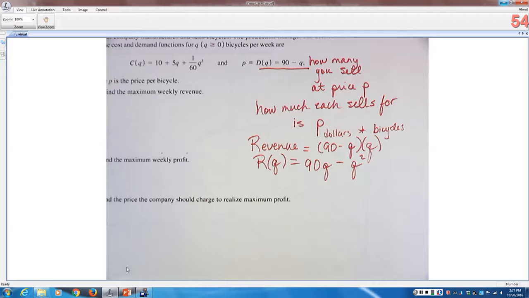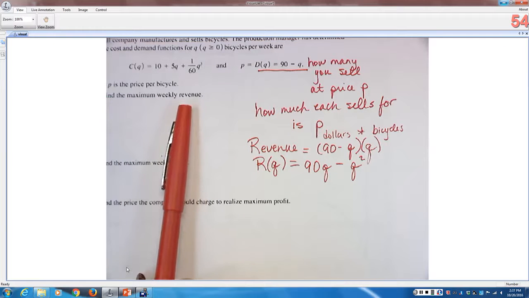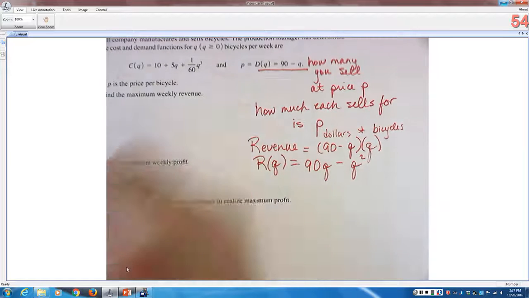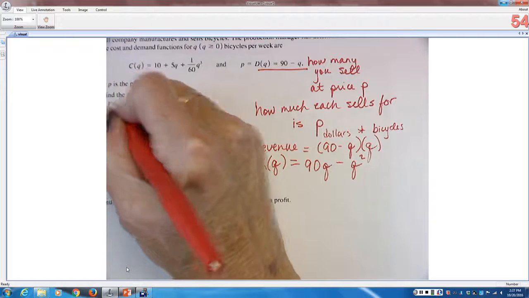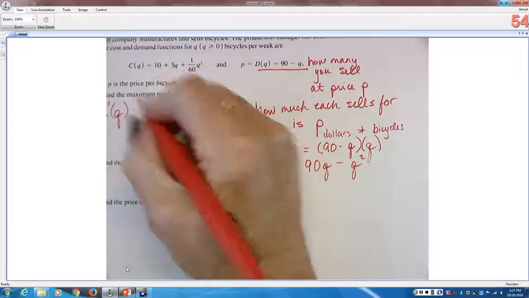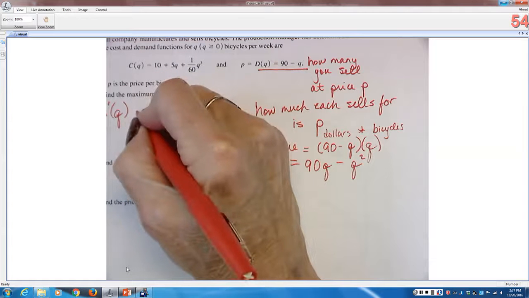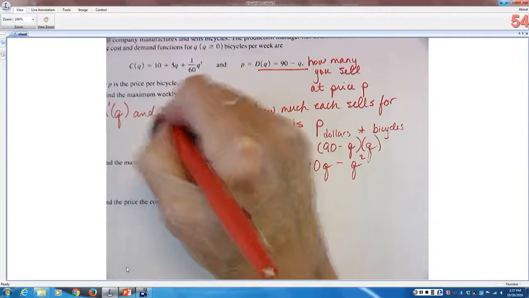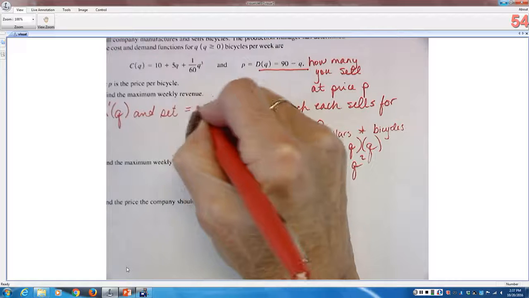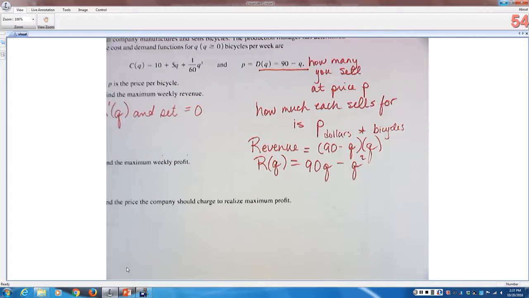So there's your revenue function. And we want to find the maximum weekly revenue. In other words, we want to find R prime of Q and set it equal to 0, because that's when your revenue is at a maximum. It's when its derivative is, for one instant price, one instant number, going to be 0. The rate of change is going to be 0.